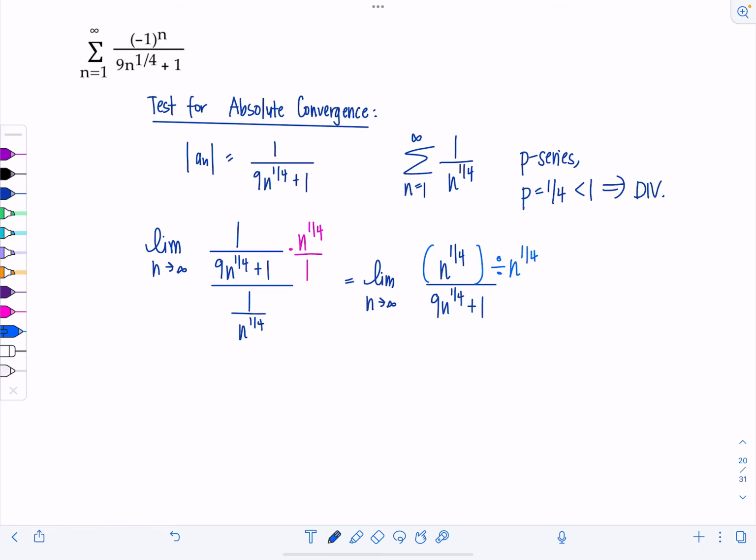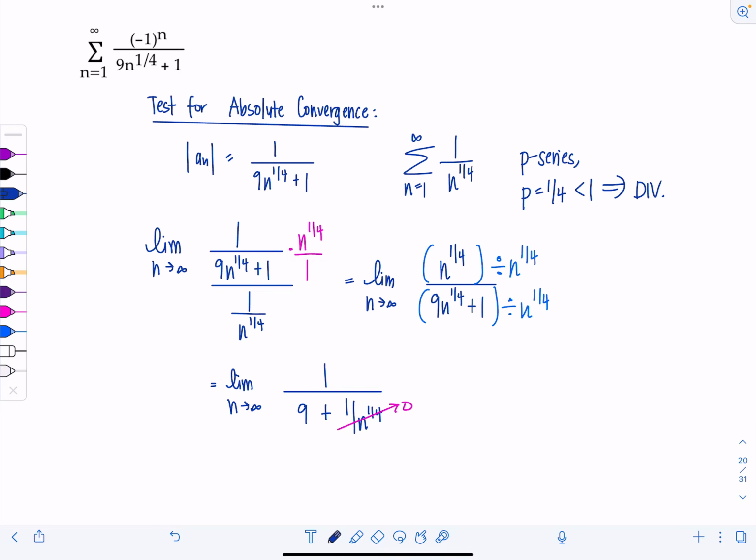Okay, n to the 1/4, divide by the highest power of n in the bottom, and then let's see what we got. So we have limit n goes to infinity, and in the top, we're just going to have a 1. In the denominator, that's going to be 9 plus 1 over n to the 1/4. 1 over n to the 1/4 goes to 0.